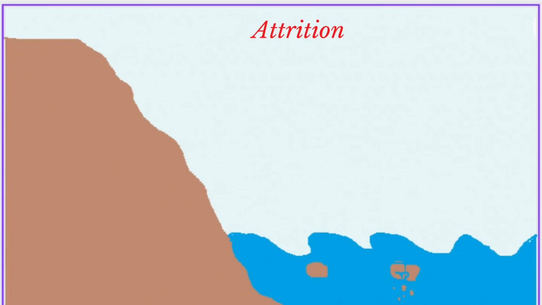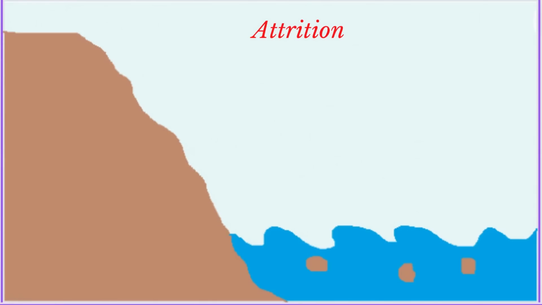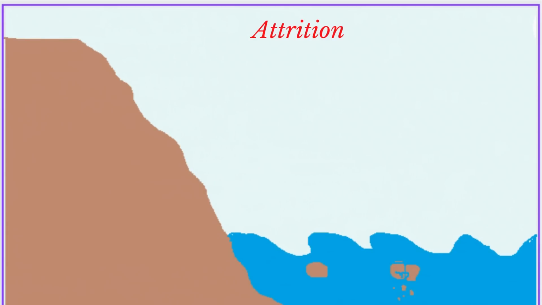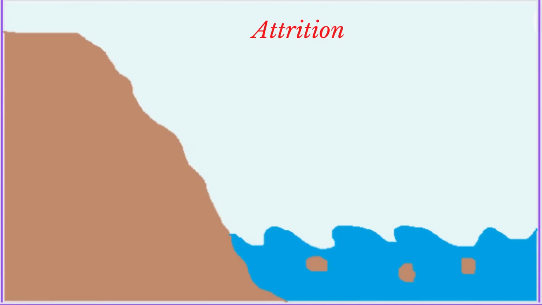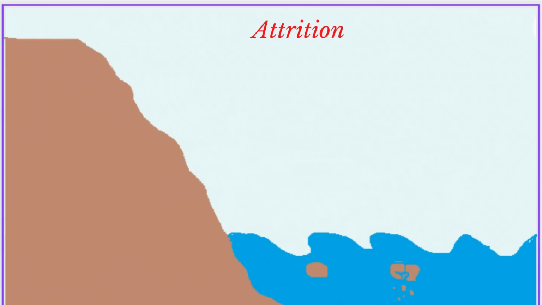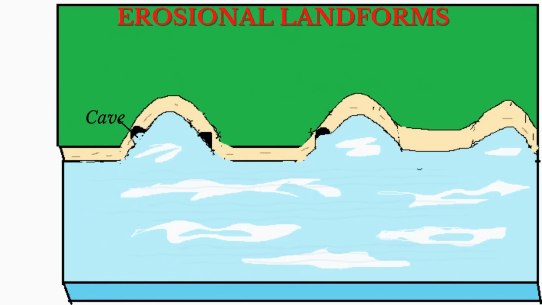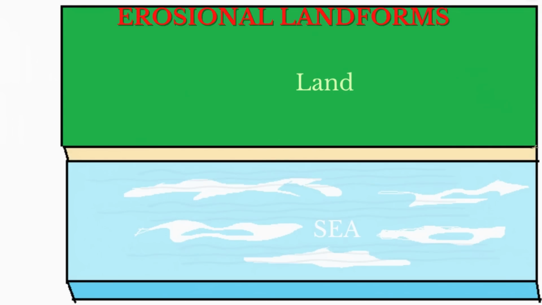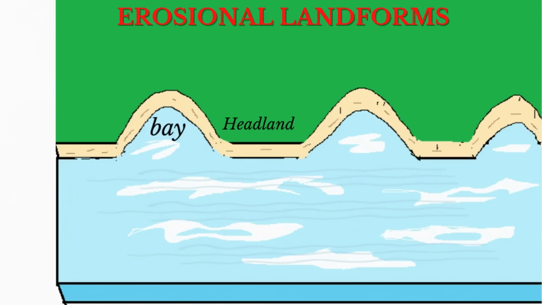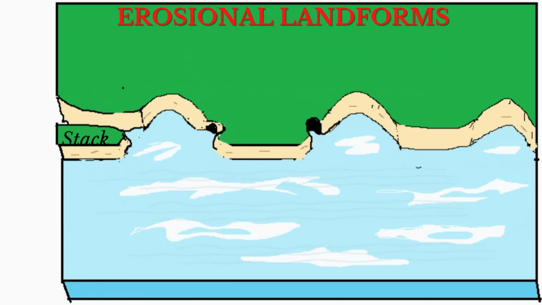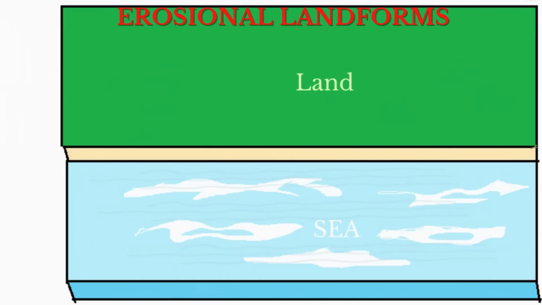A lot of the material that results from attrition serves as sediments that build up depositional landforms, which we will talk about soon. All right, so let us look at this animation showing how some of the erosional landforms are created.